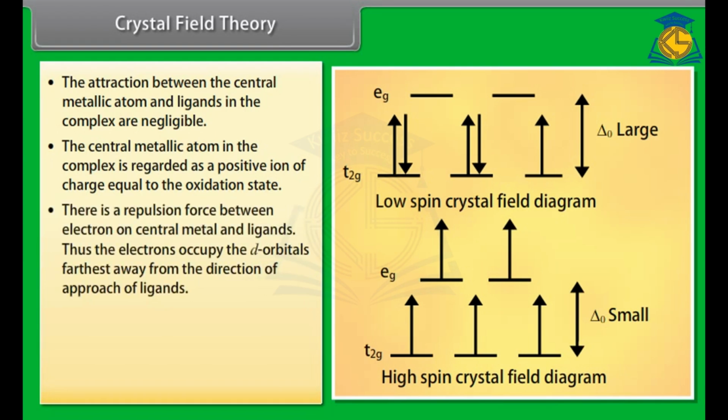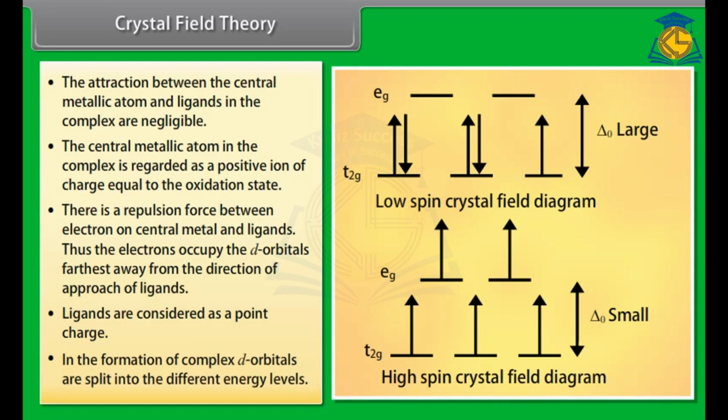There is a repulsion force between electrons on the central metal and ligands. Thus, the electrons occupy the d orbitals farthest away from the direction of approach of ligands. Ligands are considered as point charges. In the formation of the complex, d orbitals are split into different energy levels.